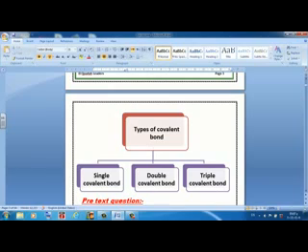As we said before, in a single covalent bond, each atom shares only 1 electron with the other atom. In a double covalent bond, each atom shares 2 electrons with the other atom. And in a triple covalent bond, each atom shares 3 electrons with the other atom.